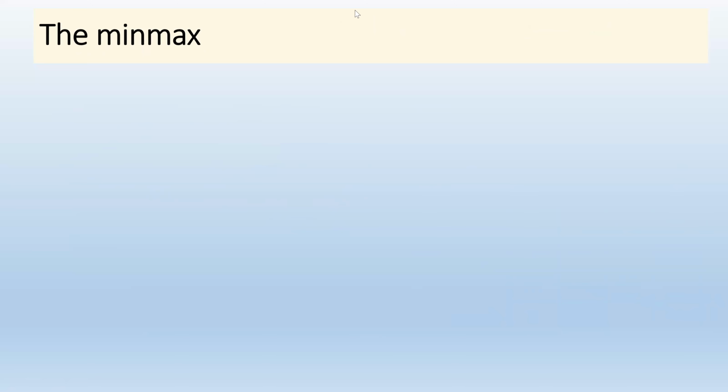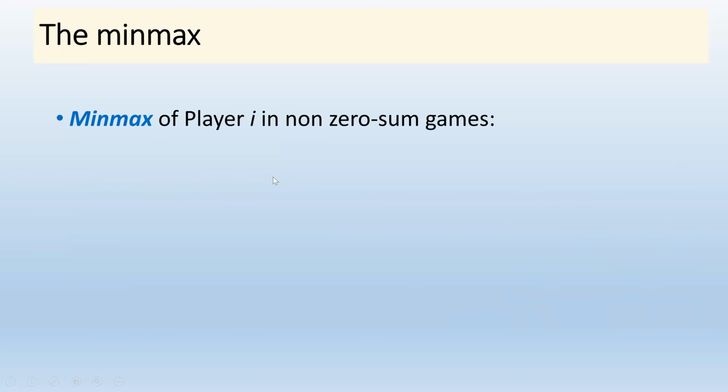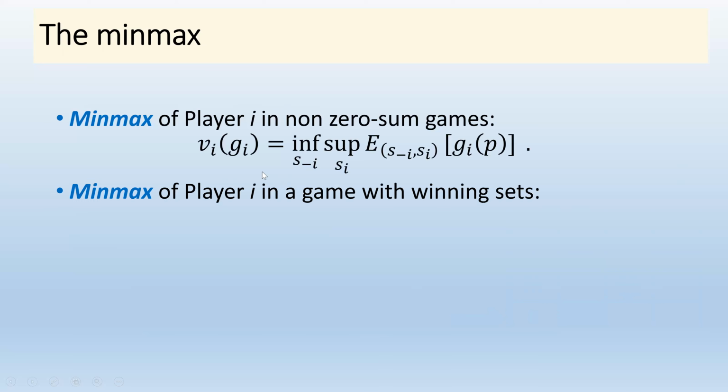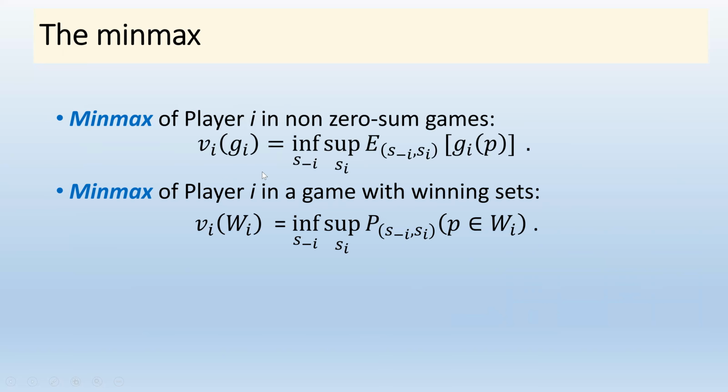So the min-max. Let's discuss the min-max. The min-max value of a player in a non-zero-sum game is basically the payoff that a player can defend knowing the strategies of the opponent, similarly to a game with 2 players.